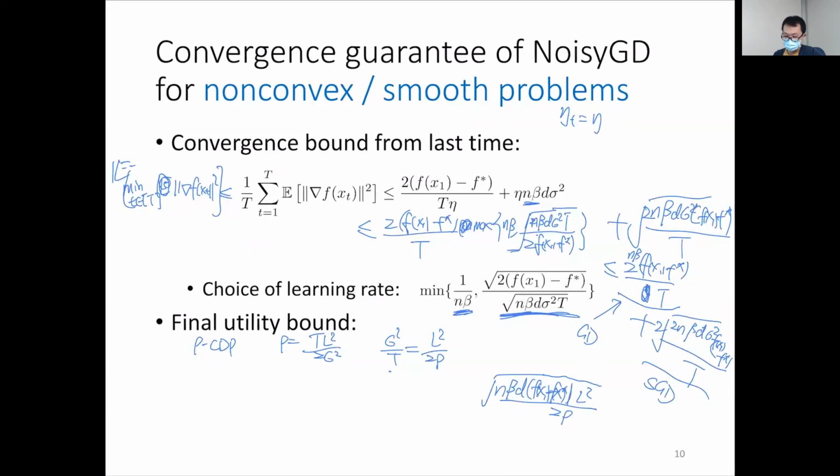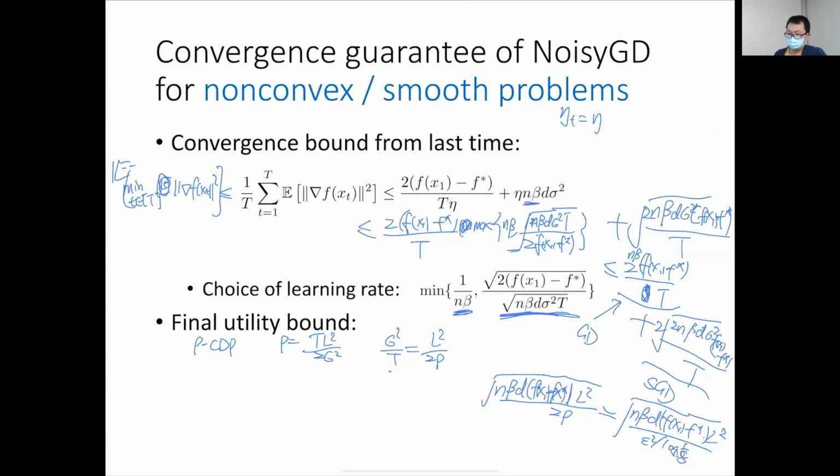In the interesting regime, this is proportional to n beta d, the suboptimality f(x1) minus f star, and also L square and rho, where recall rho is epsilon square over log 1 over delta. So that converts it to epsilon delta DP.